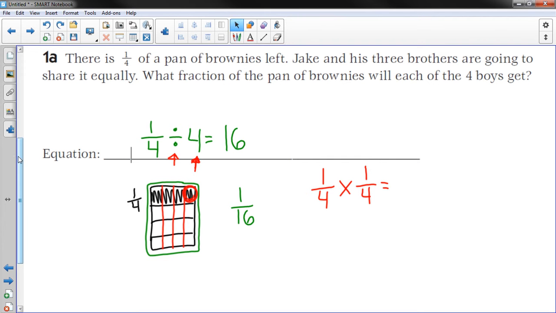And then you just simply multiply the top numbers. 1 times 1 is 1, and you multiply the bottom numbers. So 4 times 4 is 16, and you get 1/16.